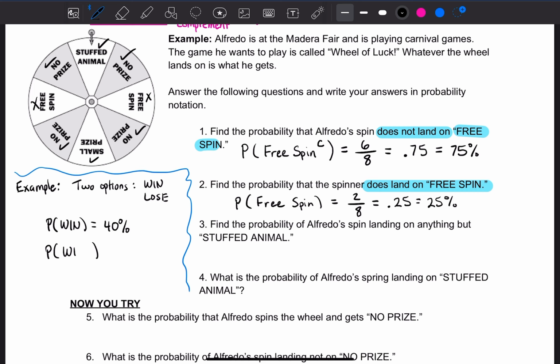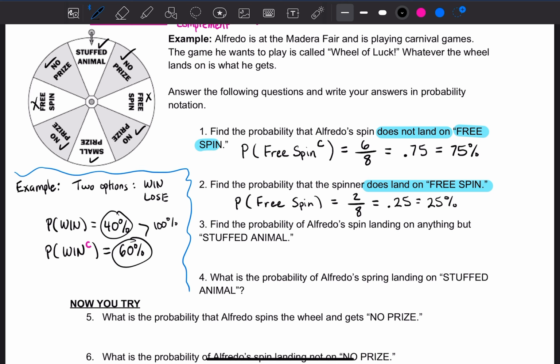So let me put it in this pink color, that way you can see it. This means the probability of anything but winning, okay, or the probability of not winning. Well, hopefully you realize that if the probability of winning is 40%, and you only have 2 options, then the probability of not winning would be 60%. Right? And hopefully you notice that these 2 numbers, when we add them up, give us 100%.